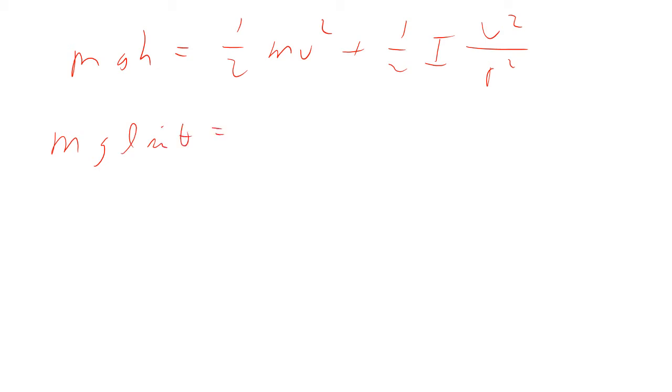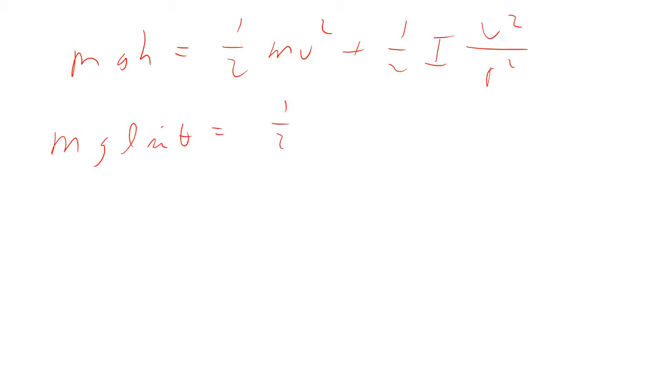So mgh equals 1/2 mv squared plus 1/2 I omega squared. Well, omega squared is v squared over r squared. And we know that the h is going to be L sine theta.